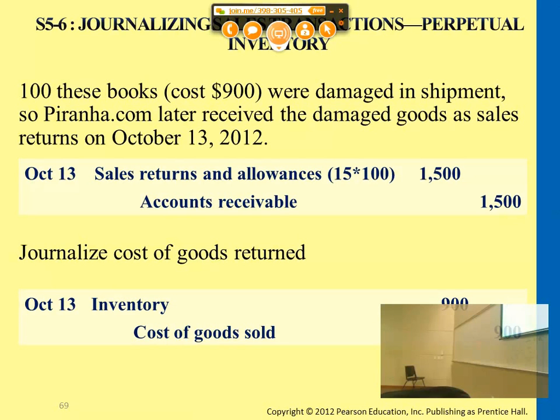Okay, so in the case that the goods are not actually shipped back, the seller asks the customer to just hold on to the damaged goods if they think that they can't really resell them to other customers. In this case, it will just grant them a reduced accounts receivable, and you won't see this journal entry. You will not have an increased inventory level.